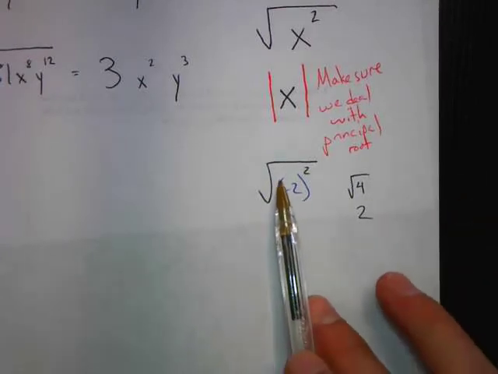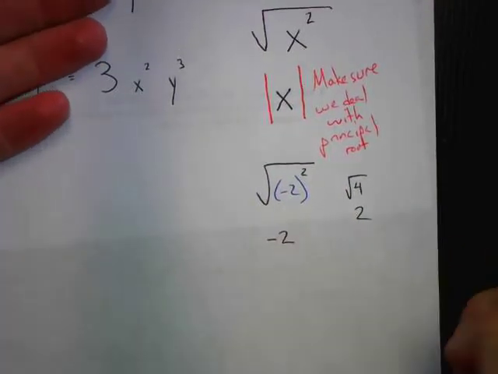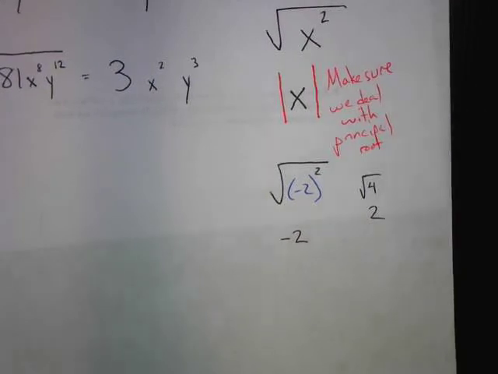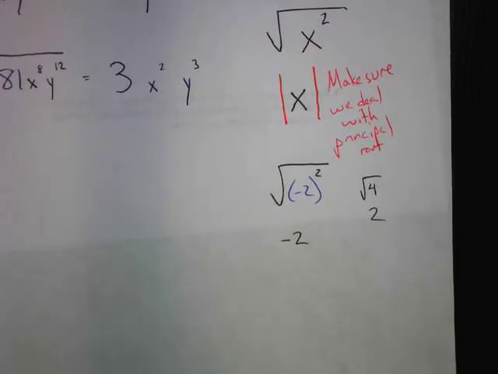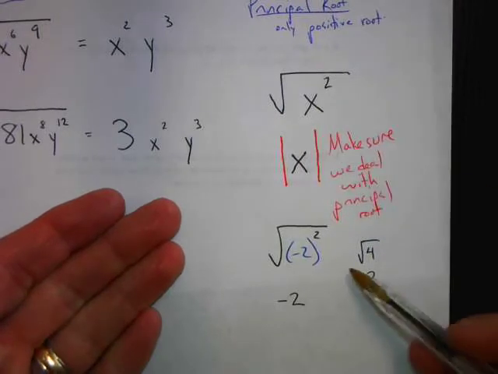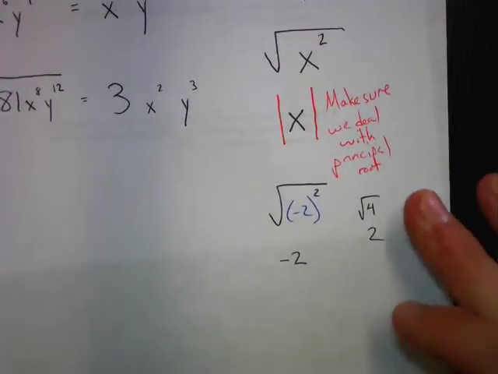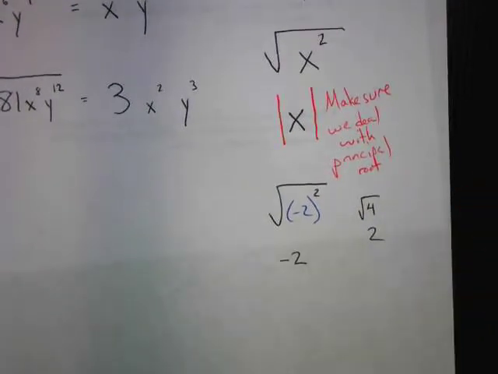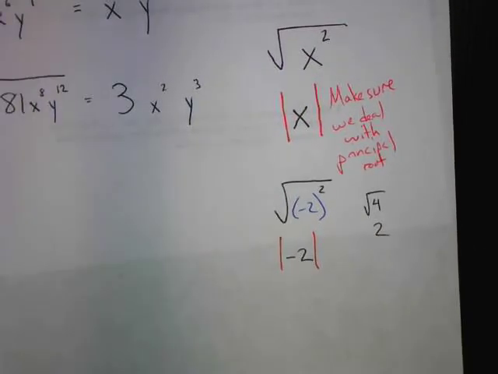If the square root of x squared is x, wouldn't this be negative 2? What's happening here? I have like a mental, boop, my brain just popped. If the square root of x squared is x, and the square root of negative 2 squared is 2, then how come this is negative 2? So sometimes we're going to have to use absolute value bars to make sure that we know that we're dealing with the principal root.